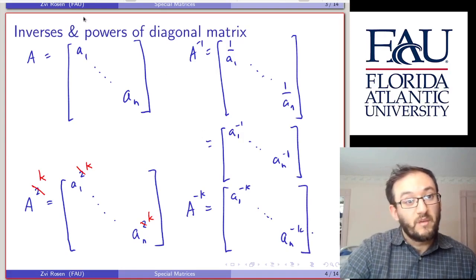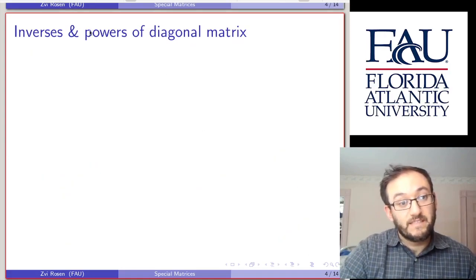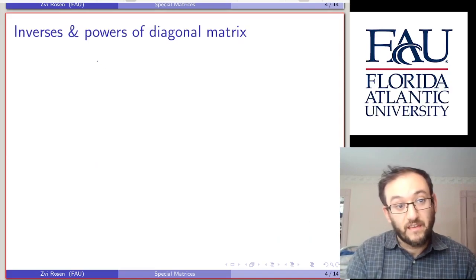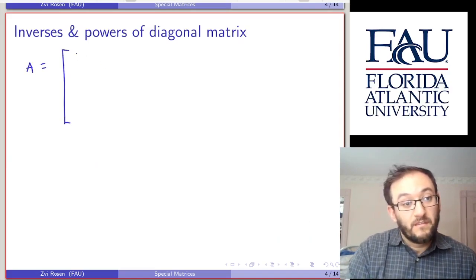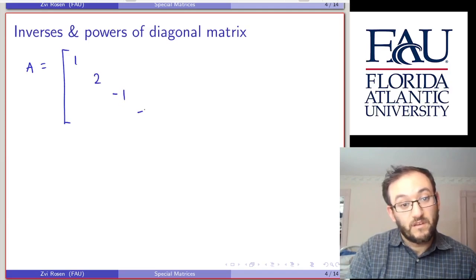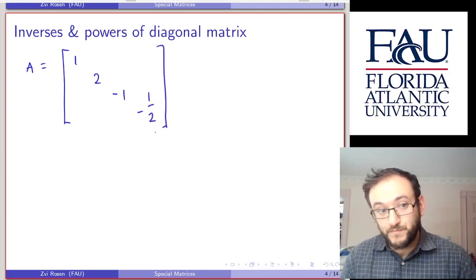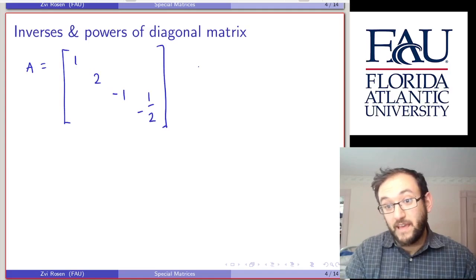Okay, maybe we'll do a concrete example just to clarify the lesson. So let's say our matrix is A equals 1, 2, minus 1, minus 1 over 2. Let's compute A inverse.